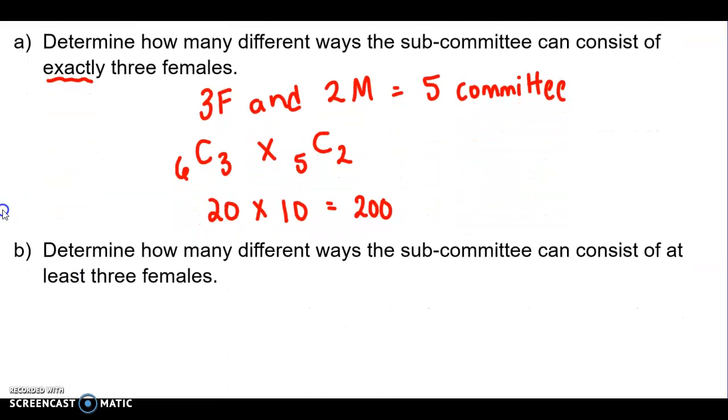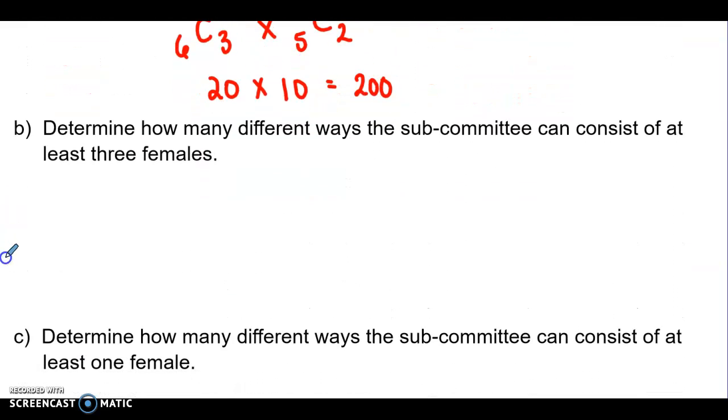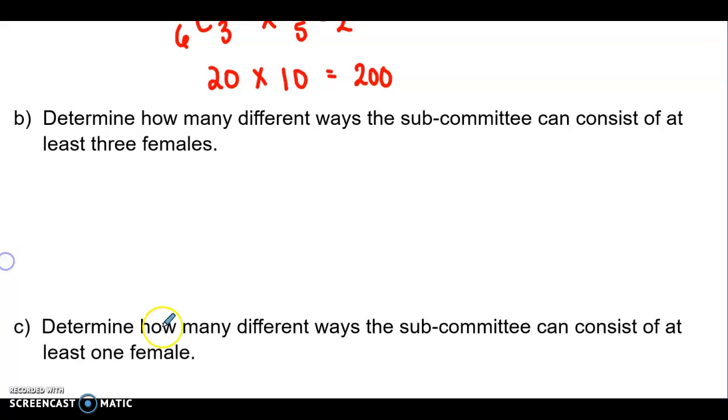Moving on to part B. Determine how many ways the subcommittee can consist of at least 3 females. In this case, we need to consider a number of cases. We can have exactly 3 females, so we would have 3 females and 2 males.